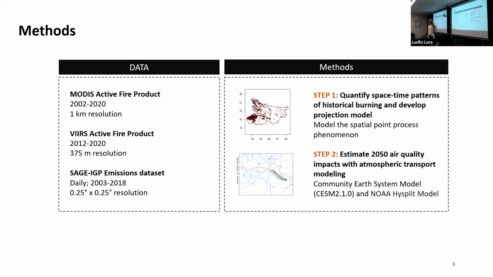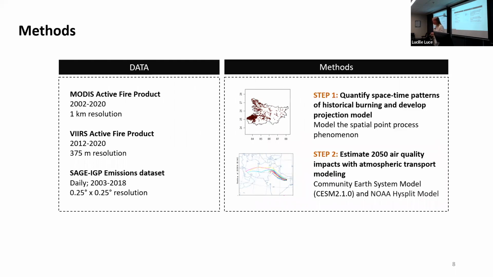The methods use two main satellite products, MODIS and VIIRS. MODIS has a longer time series since 2002, but a fairly coarse resolution at 1 kilometer, whereas VIIRS has a shorter time series. We can't look back as far, but it has a finer spatial resolution, and so it's capturing more fires.